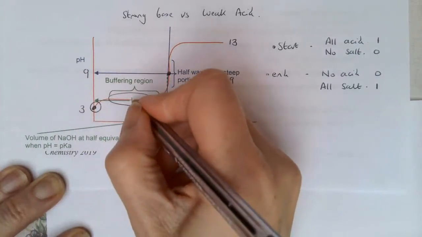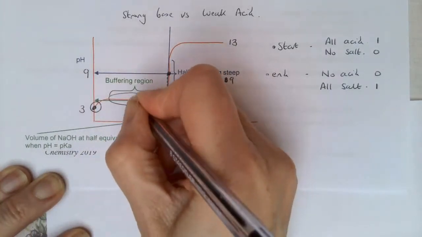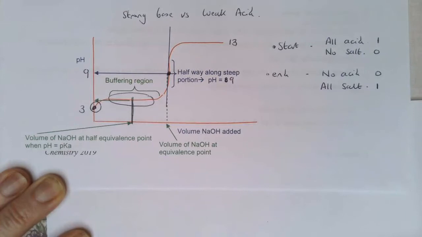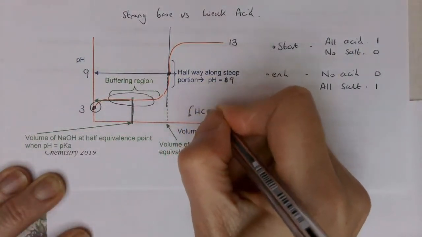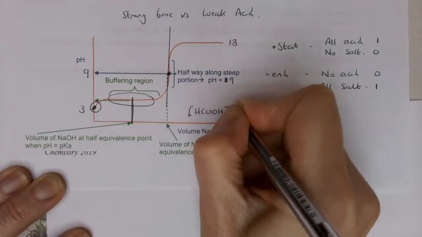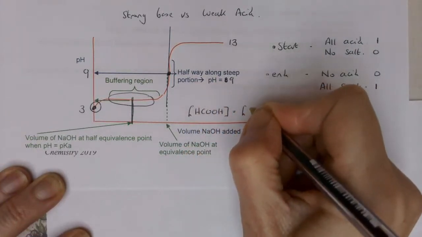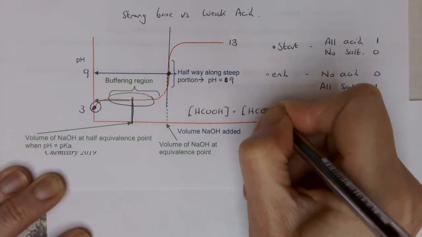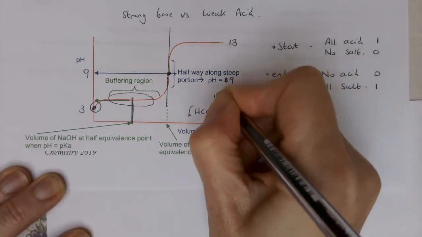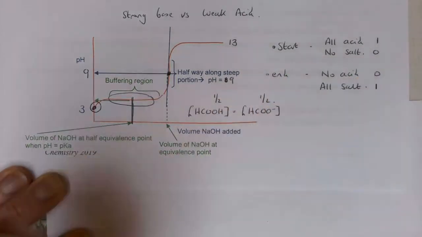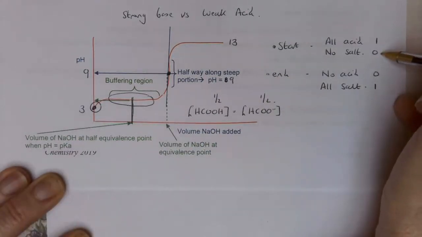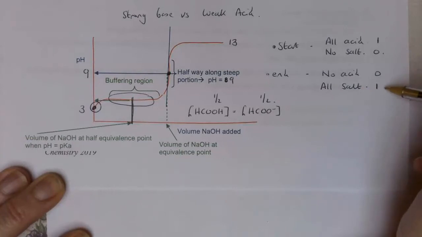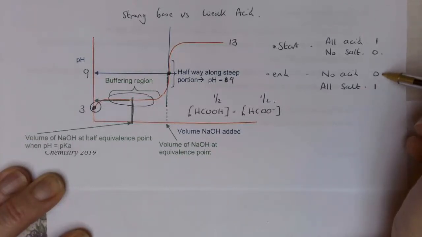So at half the equivalence point, that is the point where the concentration of the acid equals the concentration of the salt, because at that point, I've got half and half. So if I started with one of acid, and obviously I've got no salt because I haven't made any, at the end point, all the salt I'm ever going to make has been made, and I've used up all my acid.